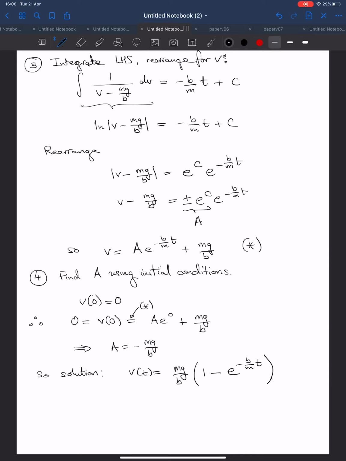So we were asked to find what the terminal velocity is. Remember that this is a monotonically increasing function. Why? Because m and b are greater than 0. If I draw the graph of the solution, it looks something like this.